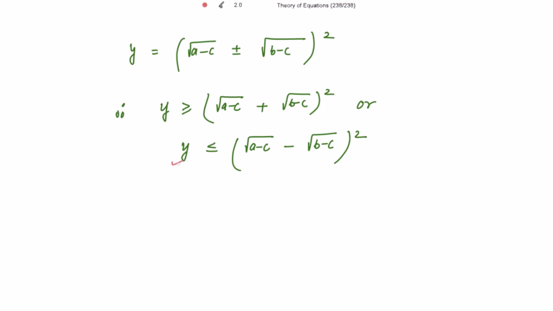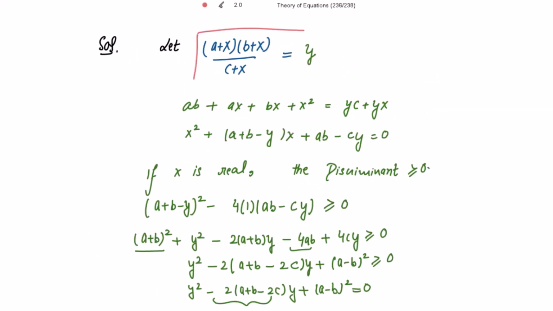Let's consider the second one first. Suppose y is less than or equal to (square root of a minus c minus square root of b minus c) whole square, right? And we have considered y to be equal to the product of (a plus x)(b plus x) divided by (c plus x). So let's put this value.